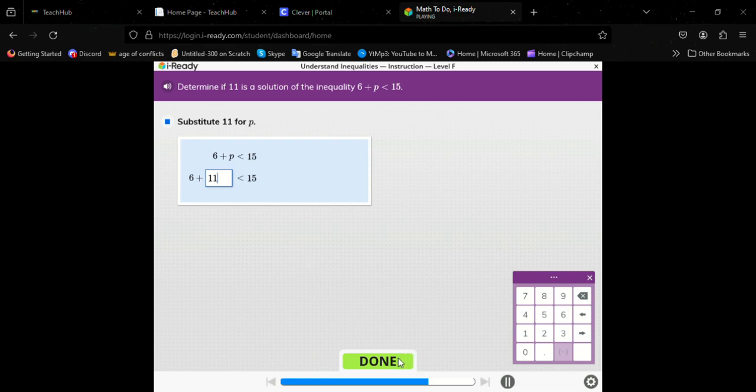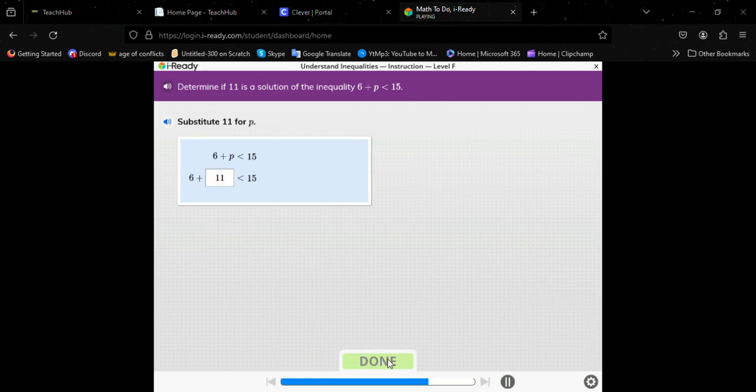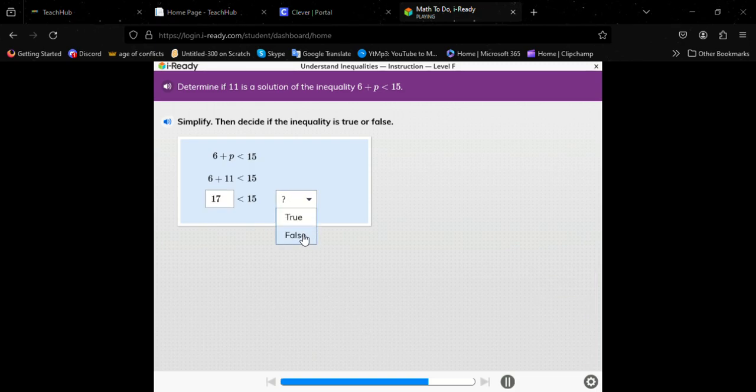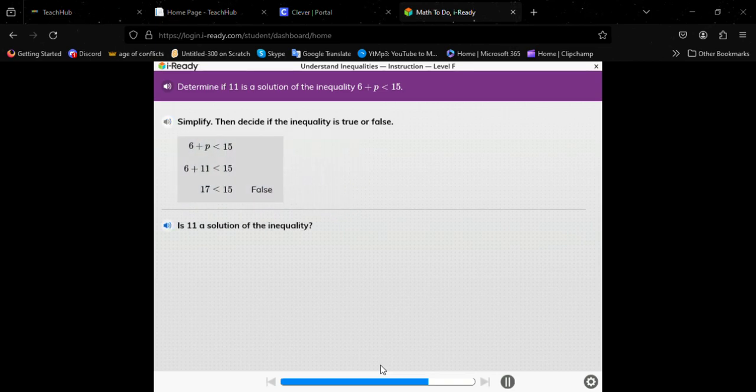Substitute 11 for p. Simplify. Then decide if the inequality is true or false. Is 11 a solution of the inequality?